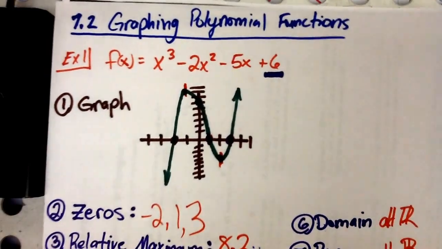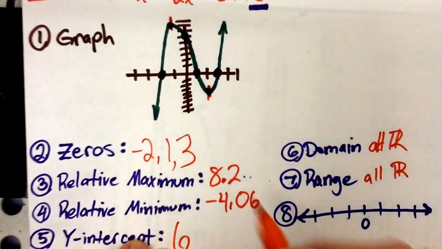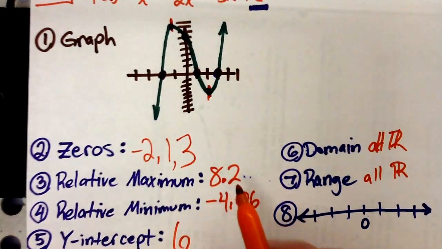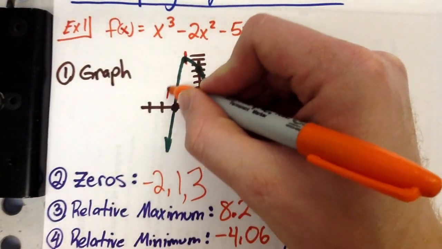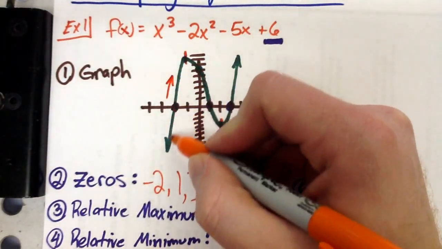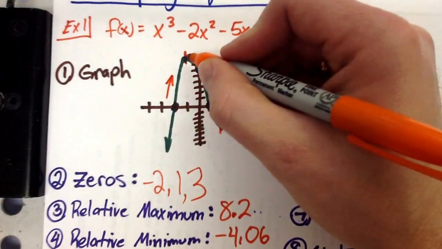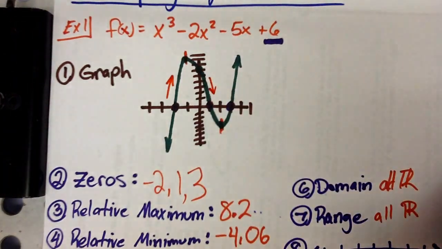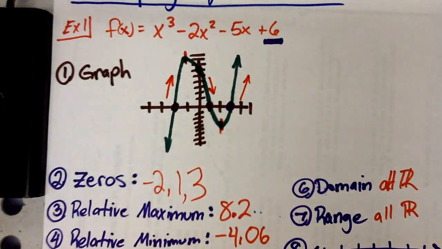On a number line, our relative maximum happened at, well, I just did the y value, so I guess I'll need to talk about the x value for it. But hopefully you can see from negative infinity on to this point, we're going up. From this point to this minimum, we're going down. So that'd be a decrease. And from this point back up, we're going up. So it's an increase. Okay.